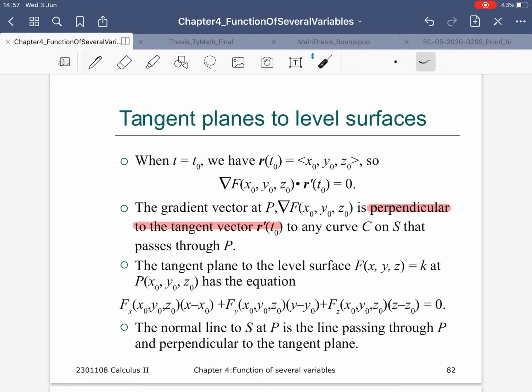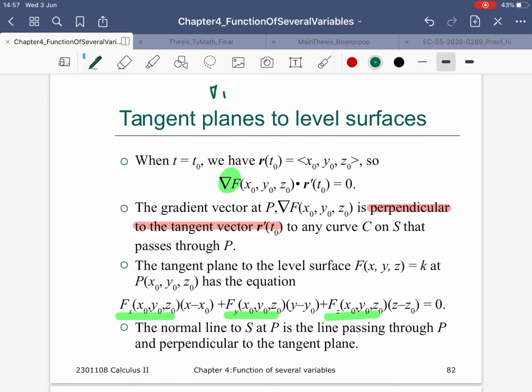So to find the tangent plane to the surface f of x, y, z equals k at this particular point, we just simply use this formula, because here is a normal vector on each of the components, since we are talking about the gradient of f.